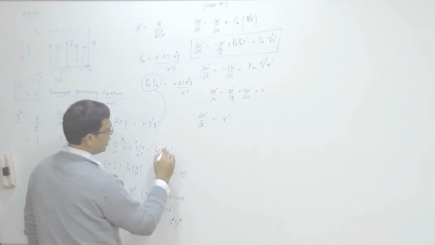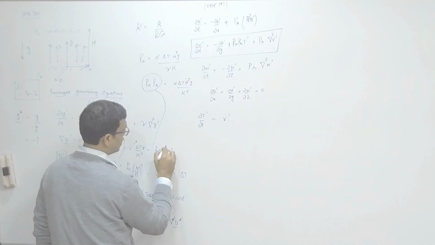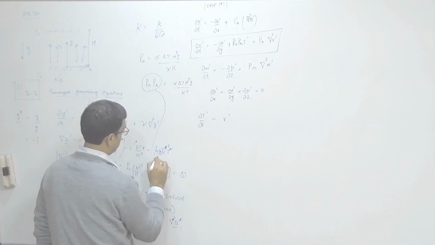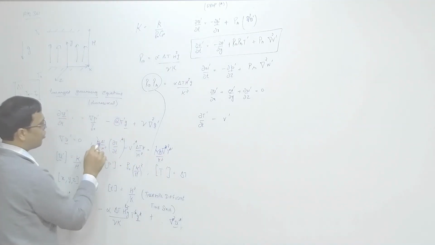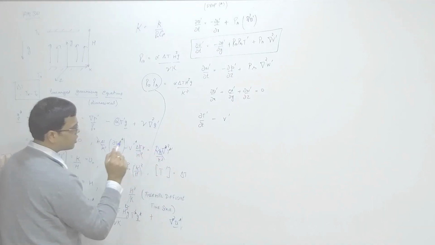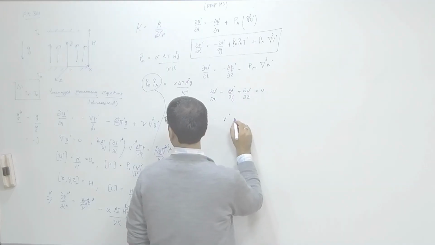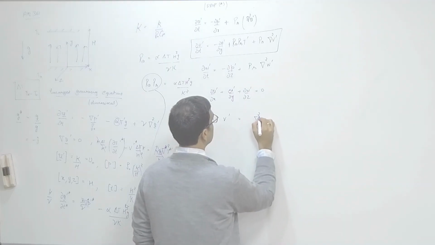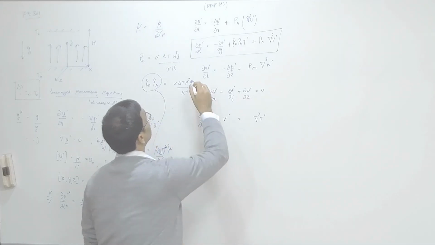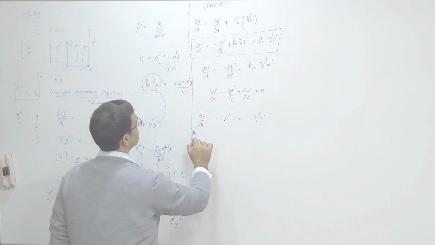And then here as well, when I introduce these quantities as stars, I will have a kappa delta T over h square. So the same coefficient appears in front of all terms. Then we get del T prime over del t minus v prime equals del square T prime. All dimensionless.